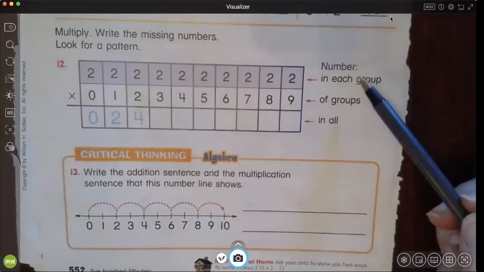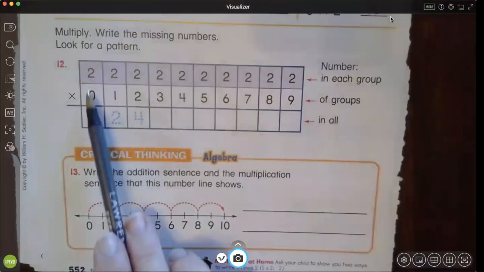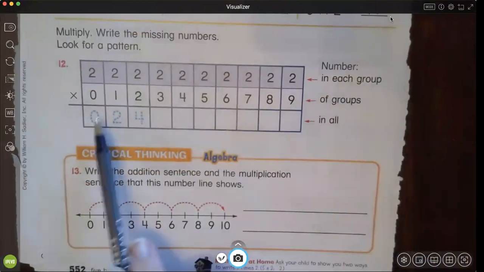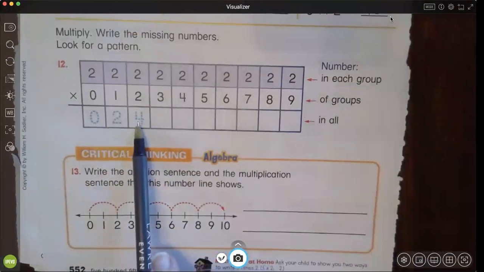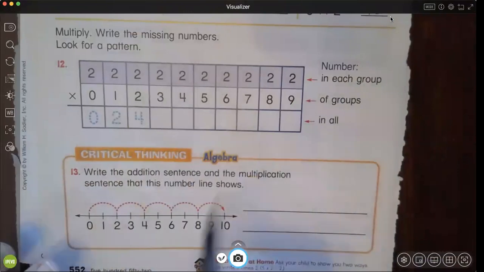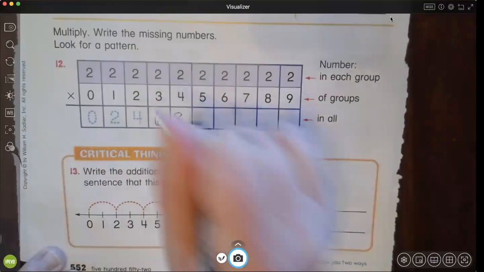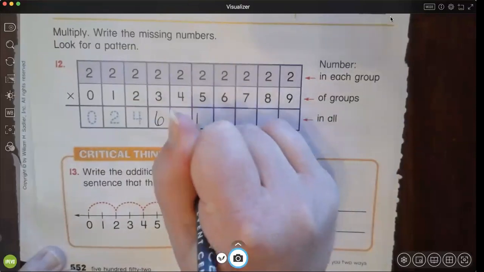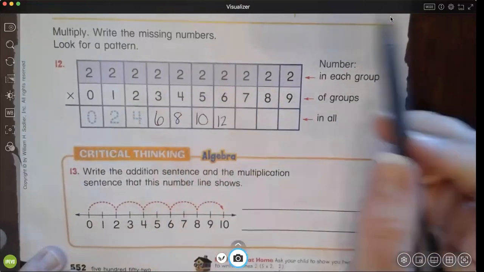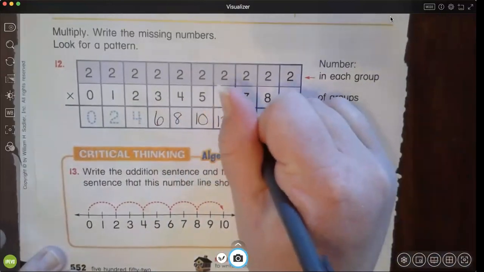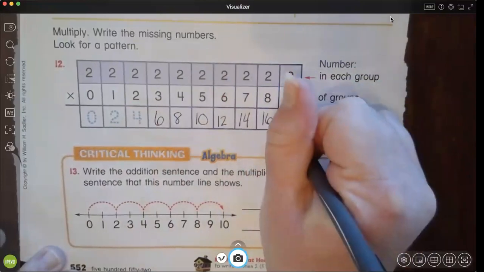So everything times 2. So here's the number in each group. So we have 2 for each group, and here's the number of groups. So see, here we go. 2 times 0, 0. 2 times 1, 2. 2 times 2, 4. 2 times 3, 6. 2 times 4, 8. 2 times 5, 10. 2 times 6, 12. 2 times 7, 14. 2 times 8, 16. 2 times 9, 18.